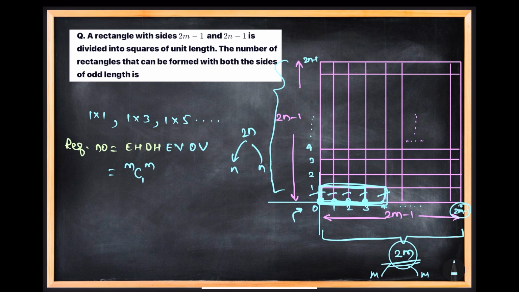Out of m odds, we will select one odd. This is the horizontal thing. Now focus on vertical. So we will select one even out of n evens. We will select one odd out of n odds. So you know that mC1 is m, and nC1 is n. So the answer would be what? m square, n square.